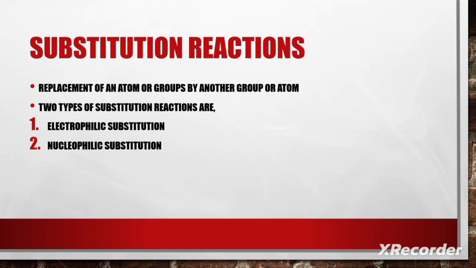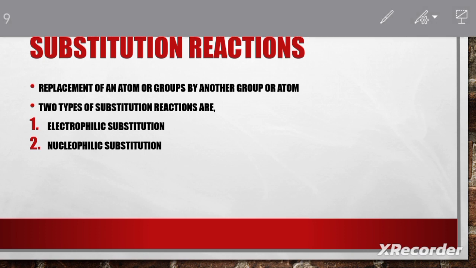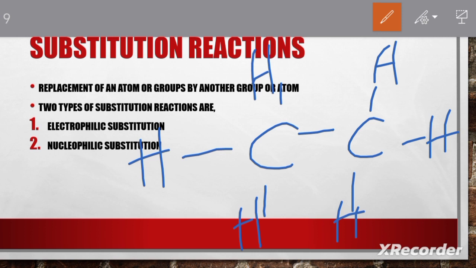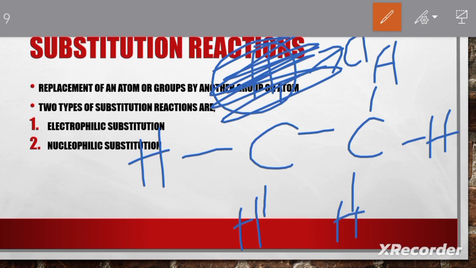Substitution reactions: replacement of an atom or group of atoms by another group or atom is known as a substitution reaction. For example, if we replace a hydrogen bonded to this alkane by a chlorine, I am going to remove this hydrogen and put chlorine here instead.